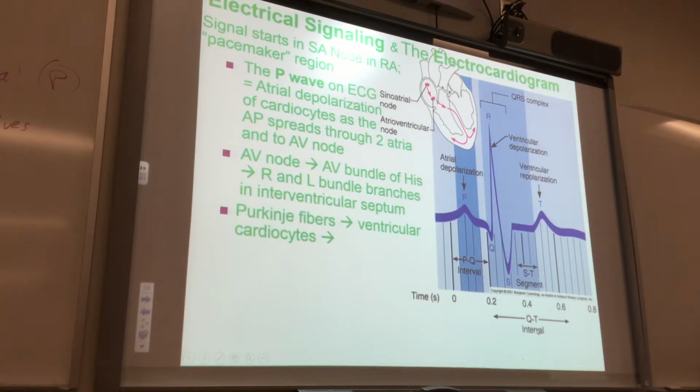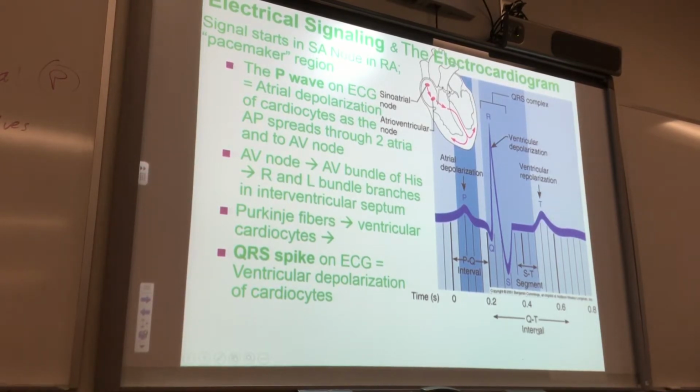When all the cells in both ventricles depolarize, you get this thing called the QRS complex. This represents ventricular depolarization. So they call it the QRS complex or the QRS spike on ECG. All the cardiocytes in the ventricles are depolarizing at the same time.